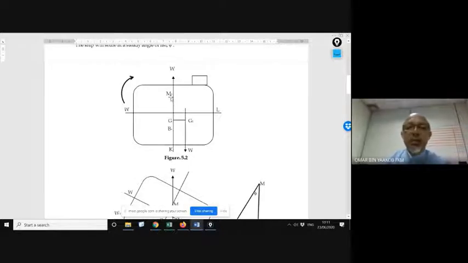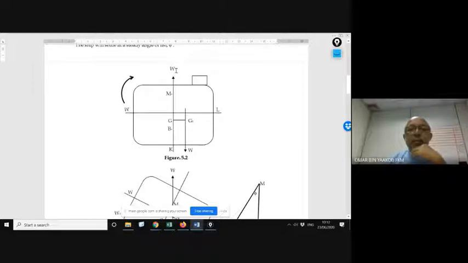As we said in the previous lecture, when we look at this, we know this is MT, of course. It's not ML. So this is a normal ship. Of course, there are two forces on this ship at this time: the force of weight pulling down here, and the force of buoyancy going up there.